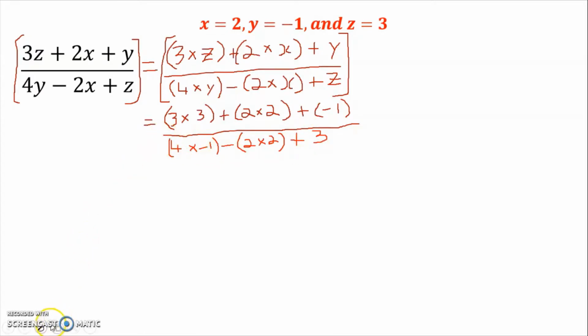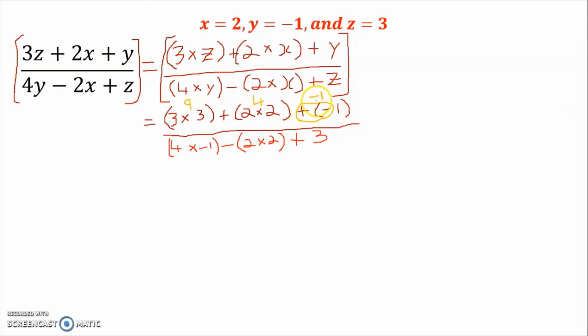Now 3 times 3 is 9. 2 times 2 is 4. Then positive multiplied by negative gives us a negative, so that's minus 1. Don't forget, if you have a situation like that, to multiply the signs.